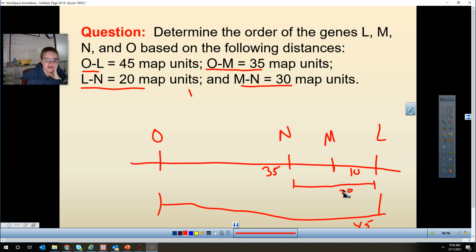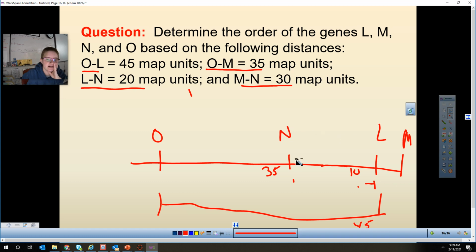Let's check the map. M and N need to be 30, so that's not going to work. So what if, this is 10, what if M is over here? That lets O and M be 35.